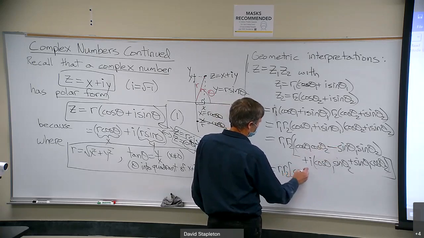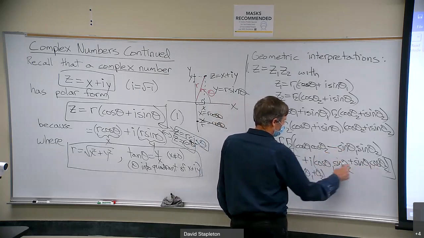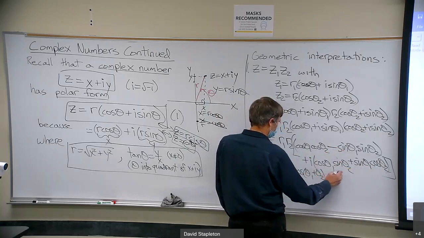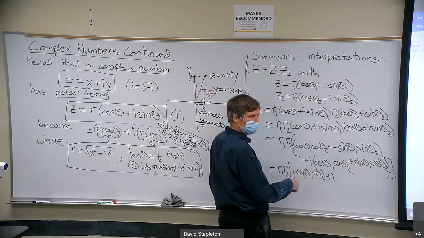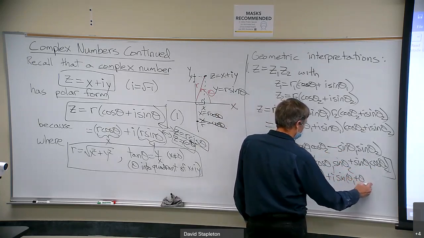This is cosine of theta 1 plus theta 2 is cosine, cosine, minus sine, sine. And how about this one? Sine, cosine plus cosine, sine, multiplying i, is sine, cosine plus cosine, sine. That's the sine of the sum of angles, right? Sine of theta 1 plus theta 2.